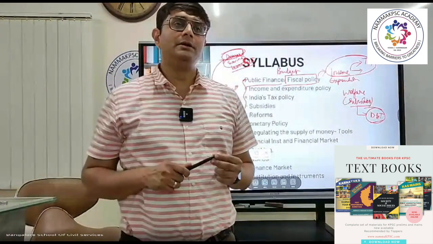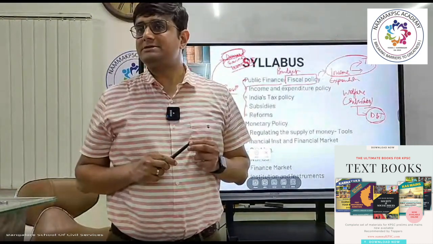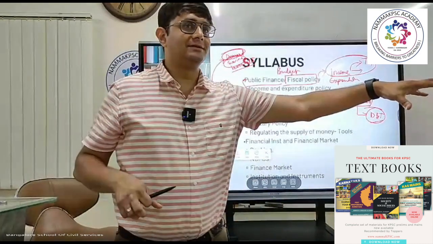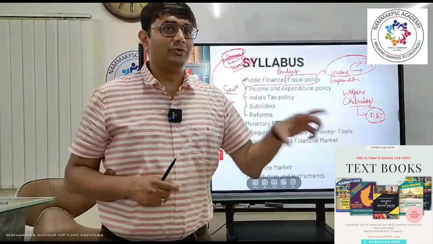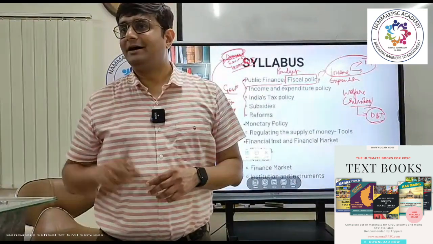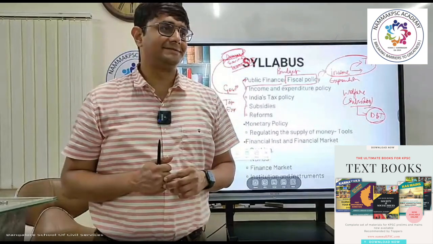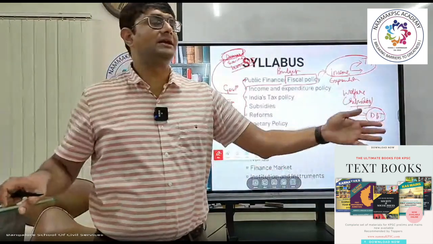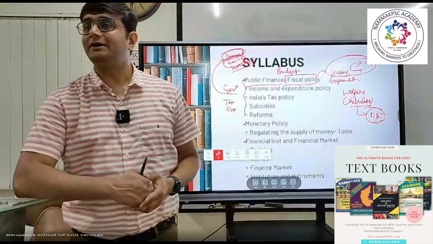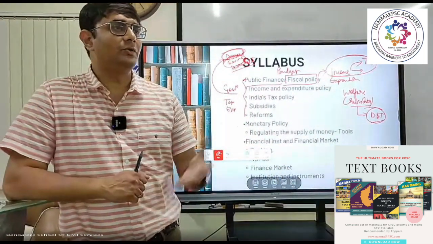See, for example, if you are paying tax, the government will say, you invest in this insurance, you invest in a pension scheme, you invest in a deposit scheme, and I will reduce your income tax. So if you invest up to 2.5 lakhs, that much money is reduced from your taxable income. So what will you do?